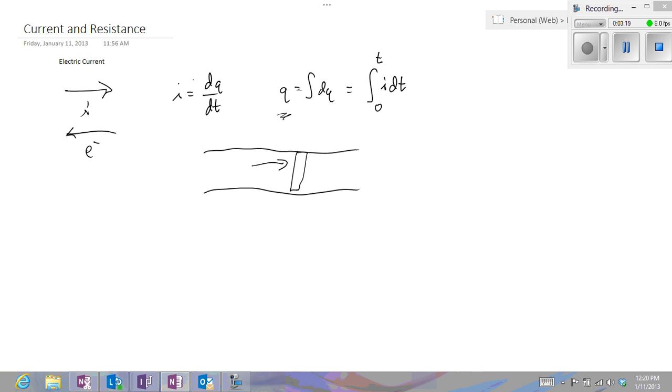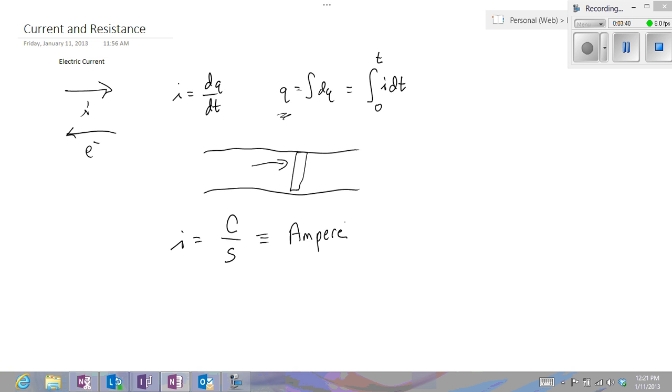Although we learned that 1 coulomb worth of charge is a very large static charge, 1 coulomb per second of charge flow we represent as an amp. Since I is in units of coulombs per second, we redefine this as an ampere.